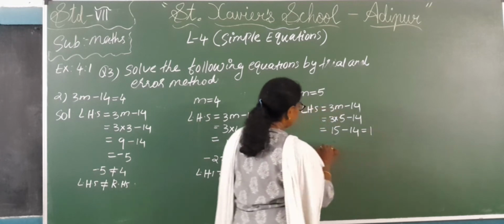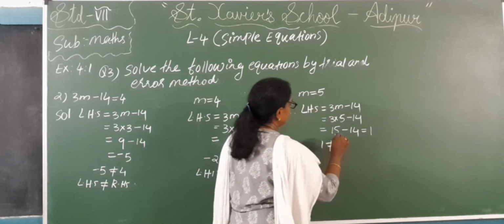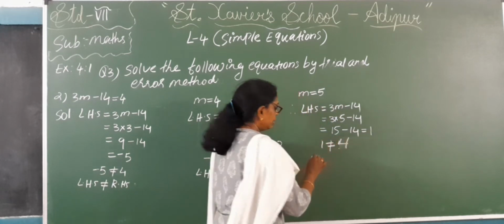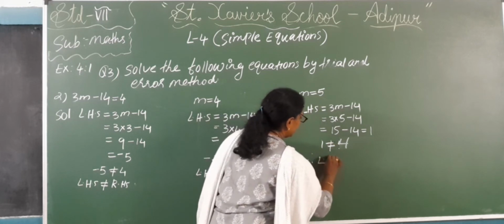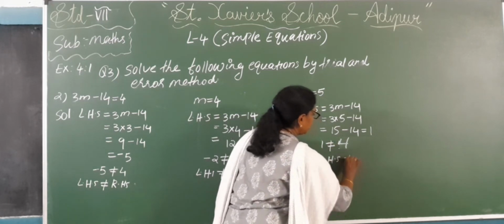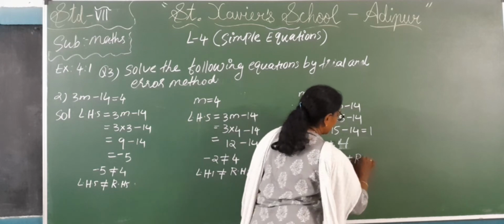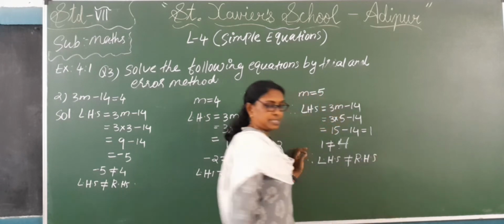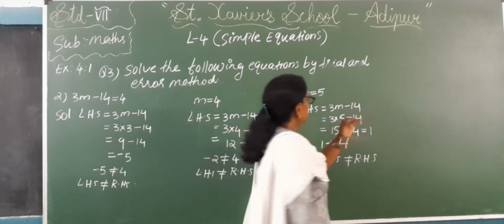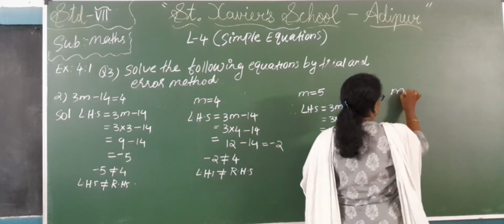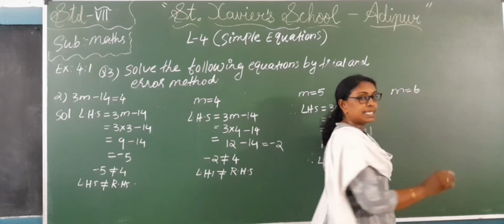So 1 is not equal to 4. Therefore, LHS not equal to RHS.